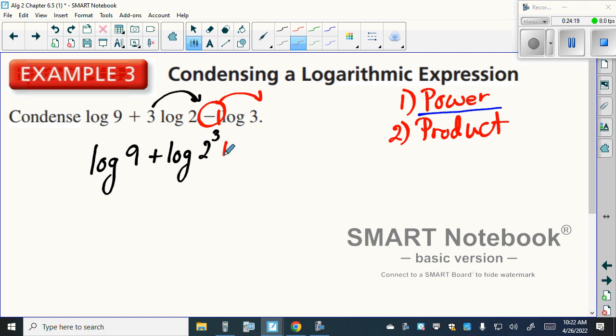And since I move the negative, it becomes positive. Do we have any more of the quotient rule now for this here? No, because those subtractions are our quotient rule. So pulling it up as an exponent gets rid of that, leaving us with log of 3 to the negative 1.